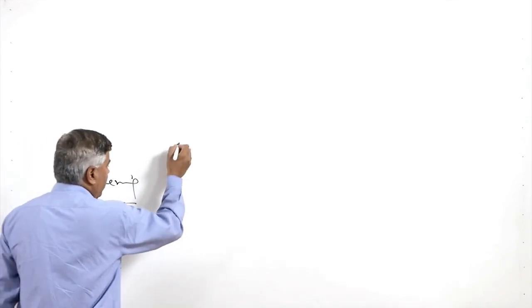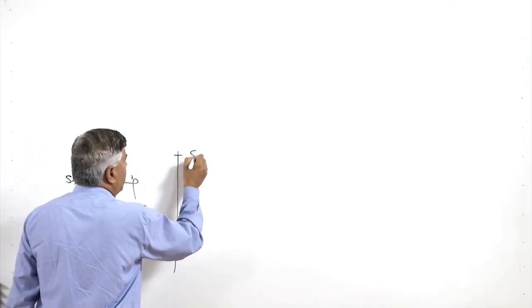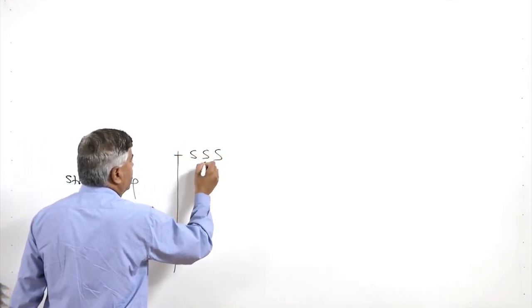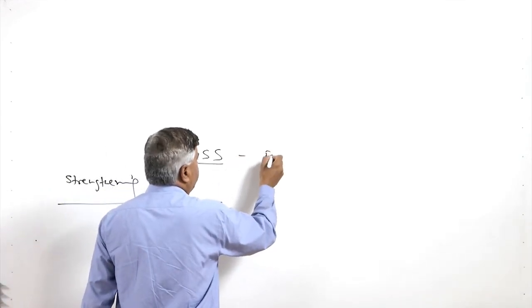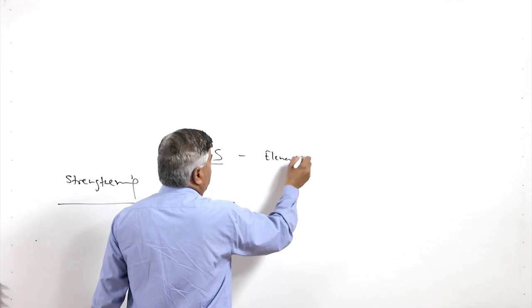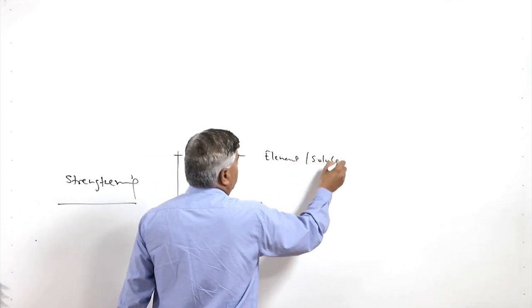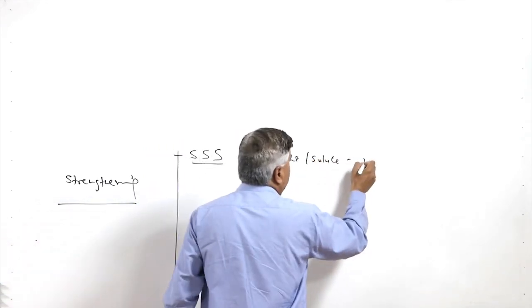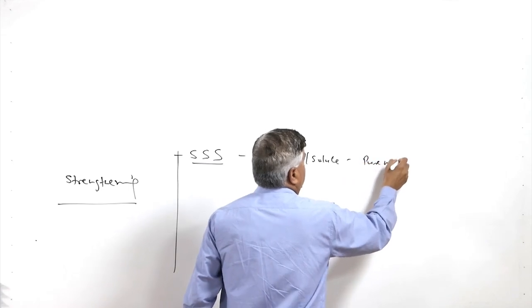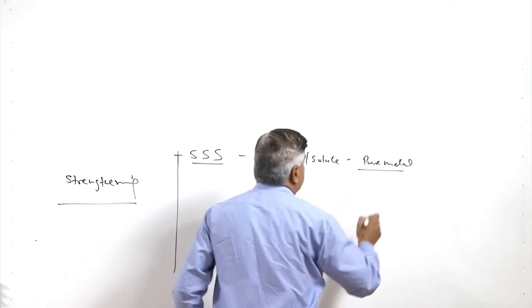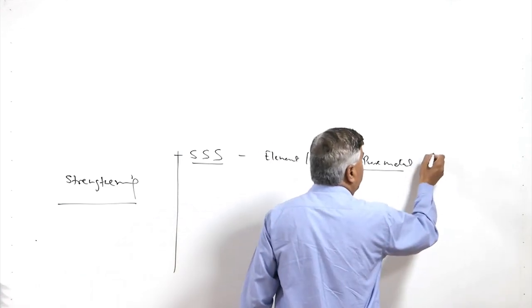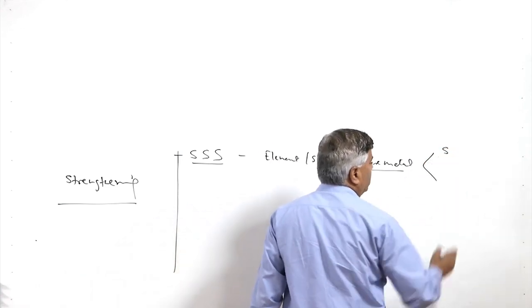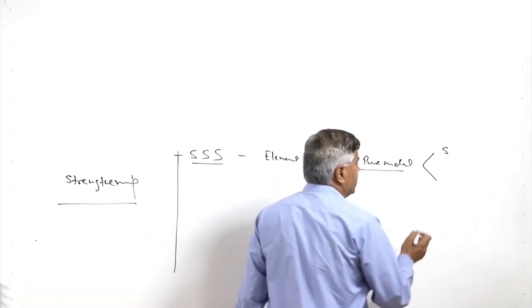Some of them are like this: solid solution strengthening, wherein elements in the form of solute are dissolved in the pure metal in order to increase the strength. This is called solid solution strengthening, wherein two types of solutions are generally formed.